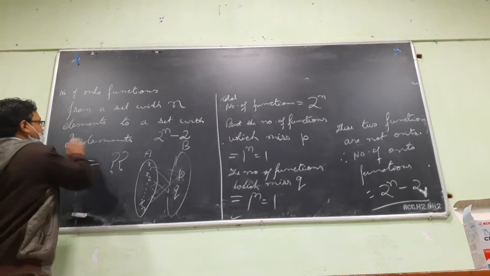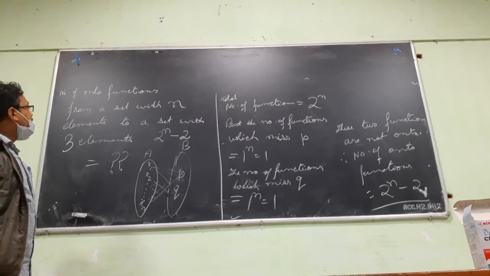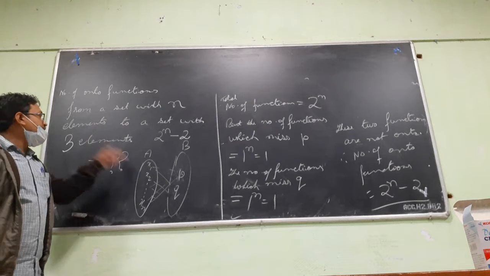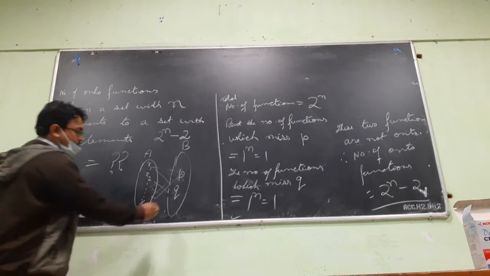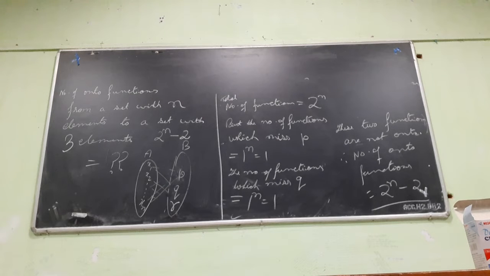Now you try the similar thing with the number of onto functions from a set with n elements to a set with 3 elements: p, q and r. Try it. The number of onto functions from a set with n elements to a set with 3 elements.